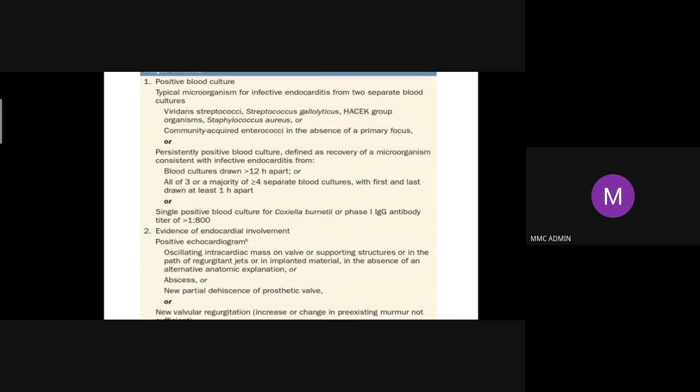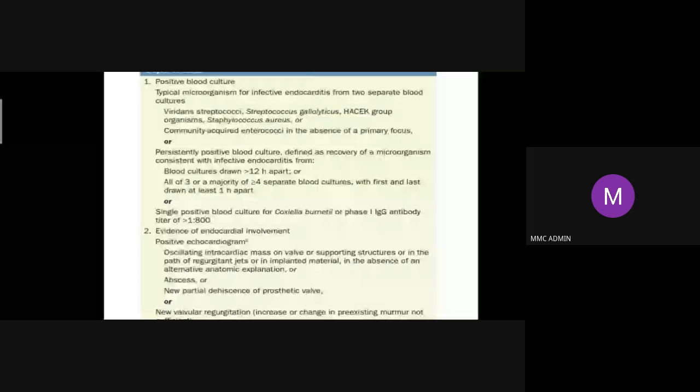Or the IgG antibody titer should be more than 1 in 800. So the first criterion is blood cultures. Then comes echocardiographic involvement.